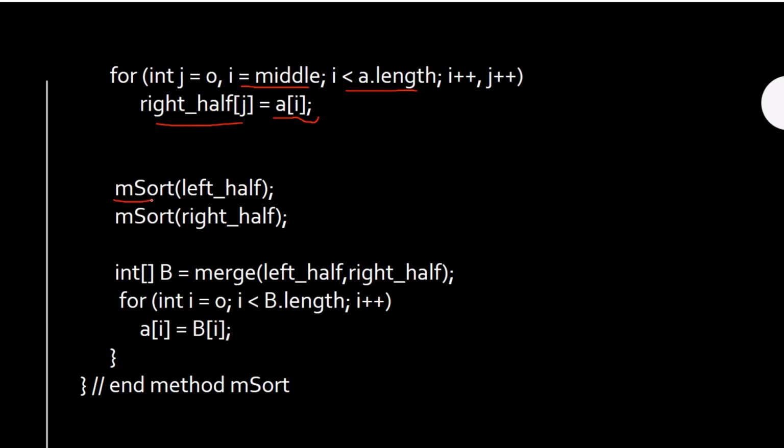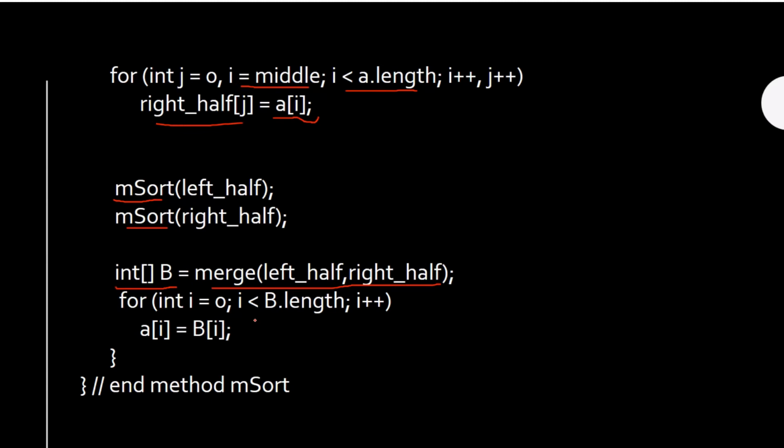Then we call msort, which is merge sort, on left and on right. And then we call merge on our left and our right, as we explained earlier. And the result we put into a new array B.